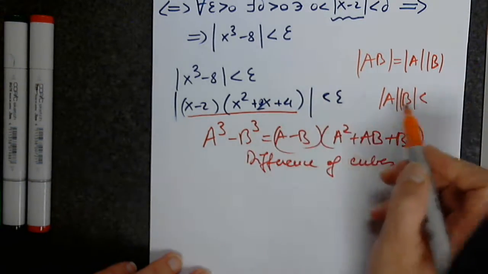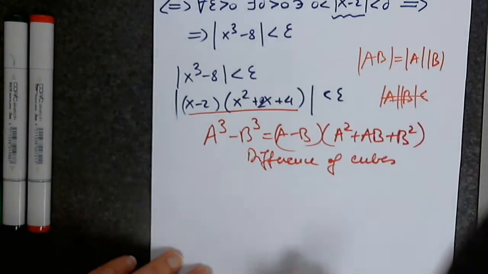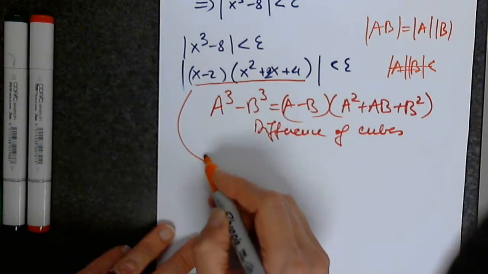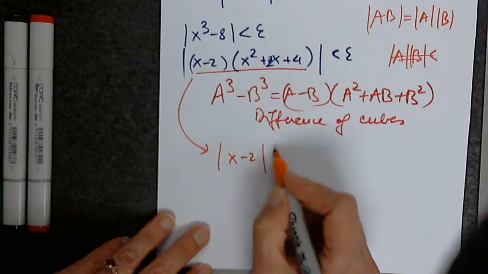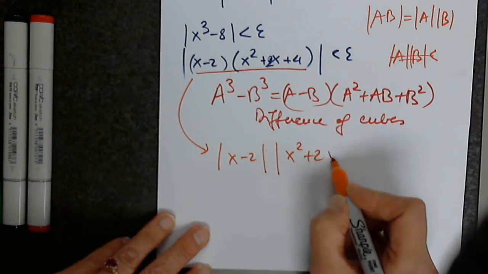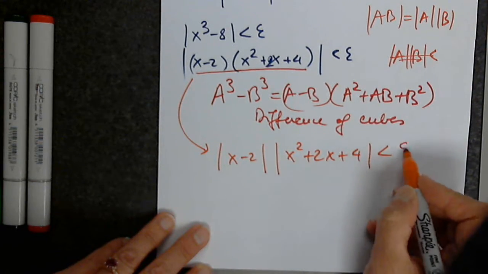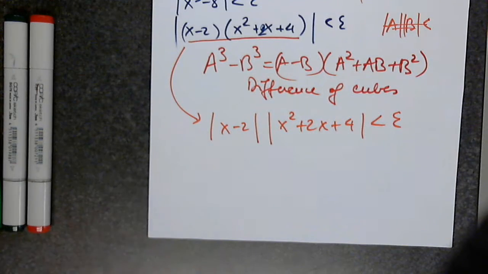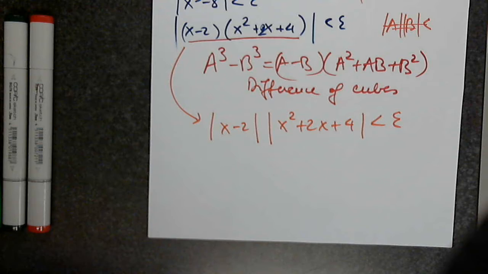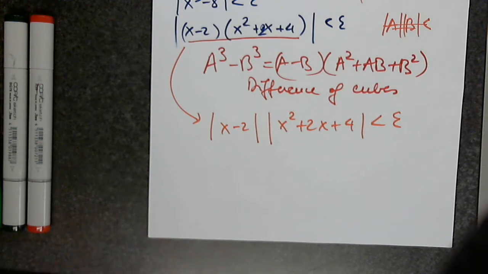That's what I wanted to show, not jump ahead. So then from here, I have the absolute value of x minus 2 multiplied by x squared plus 2x plus 4, less than epsilon. Everything good so far.